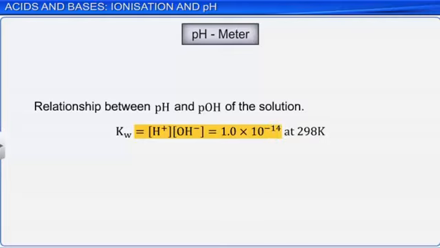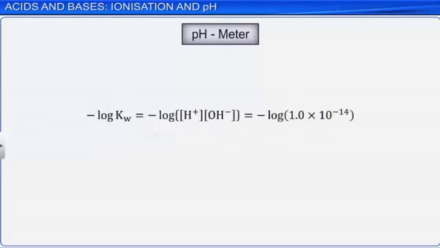On taking negative logarithm on both sides of the equation, we get negative log of Kw is equal to negative log of H plus and OH minus ion concentrations, which is equal to negative log of 1 multiplied by 10 to the power of -14.